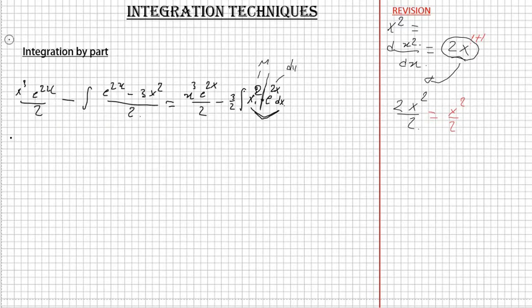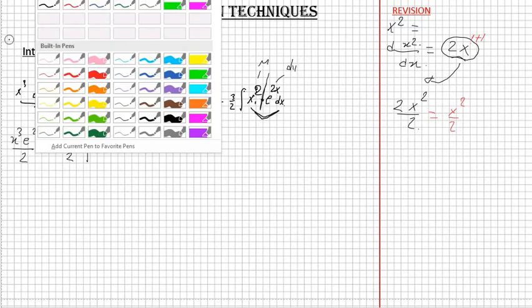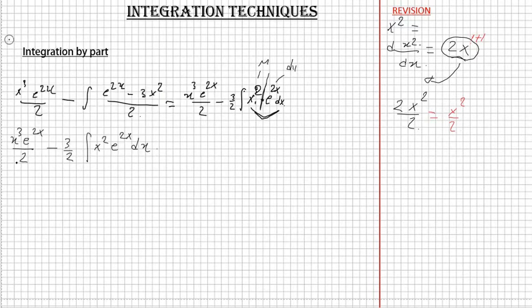So first I repeat everything that I have: x to the power of 3 e to the power of 2x divided by 2 minus 3 over 2 times the integral of x to the power of 2 e to the power of 2x dx. I'm not concerned with what is on the left hand side of the integral.